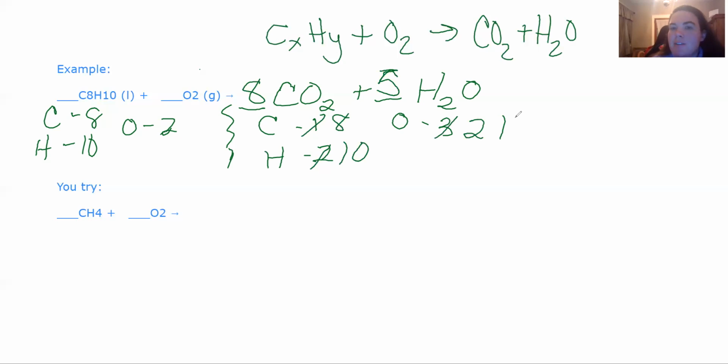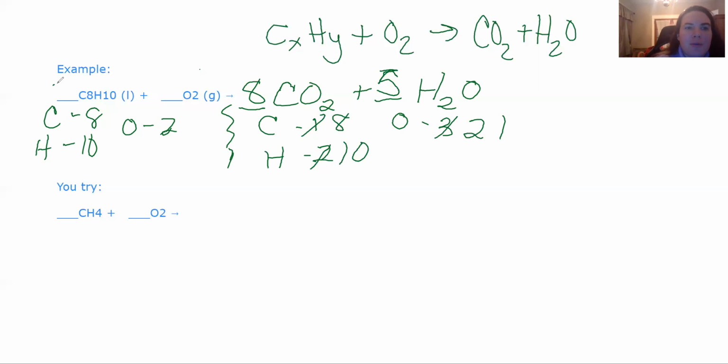All right, so now this is where I did say we're going to have to go back and change them. So 21 is an odd number, and over on the reactant side, we have an O2, so it has to be divisible by 2. We can't put fractions or decimals on these lines. They have to be whole numbers. So when we run into an odd number of oxygens, what we can do is go back and double everything.